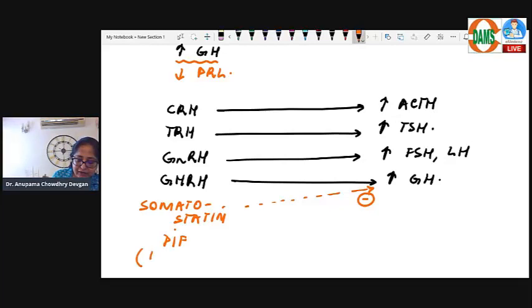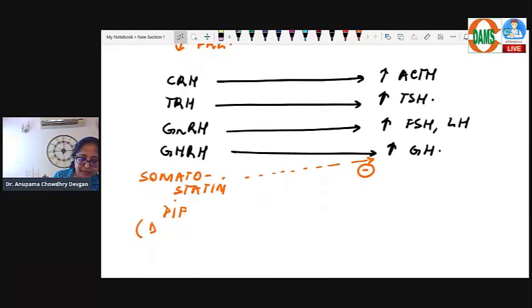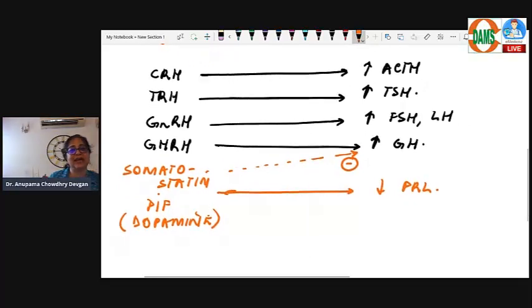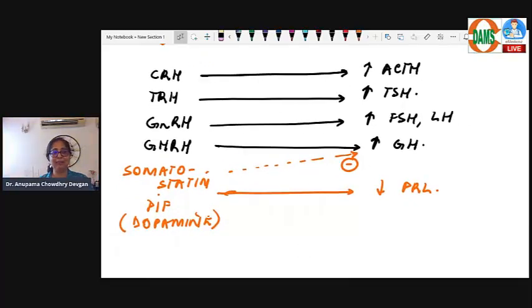Prolactin inhibiting factor, which is dopamine, will now reduce prolactin secretion from the anterior pituitary. So this is your hypothalamo-pituitary axis.